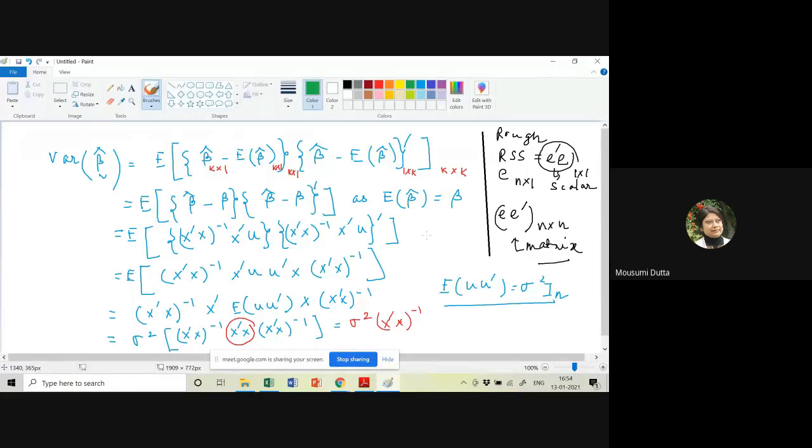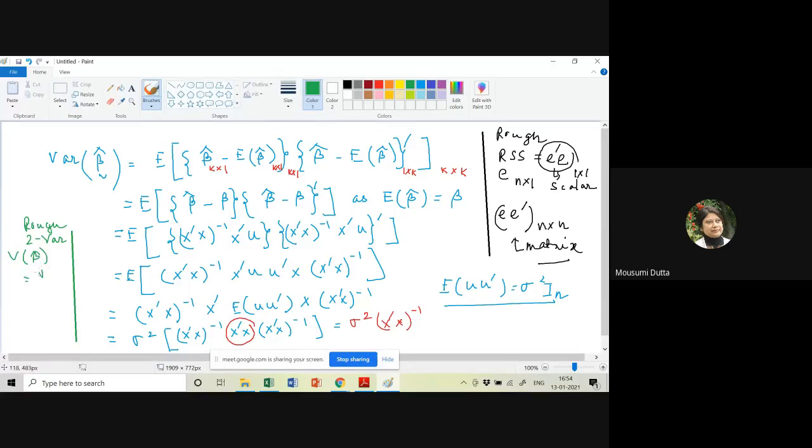Now in a two variable case, as again a rough work, what was the value of the variance of beta hat?